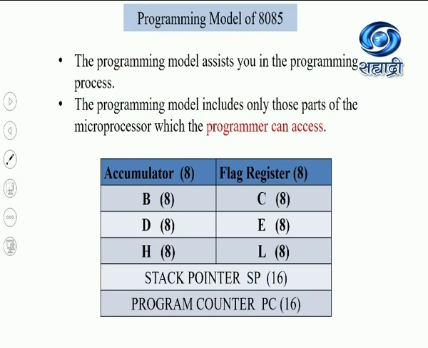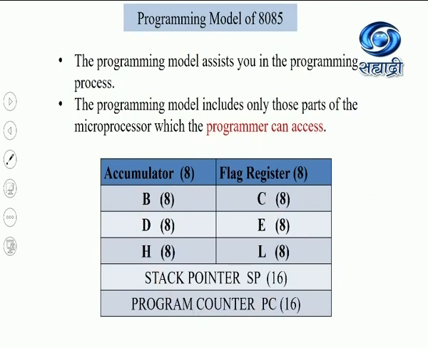So all these blocks are there in the block diagram of 8085. Now out of these, which parts are accessible to the programmer? So the programming model of 8085 is nothing but the parts of the microprocessor which are accessible to the programmer. Then the instruction set is based on these parts.